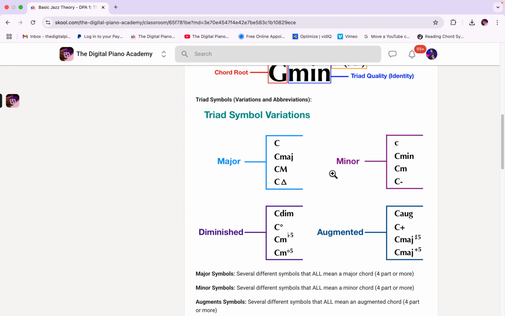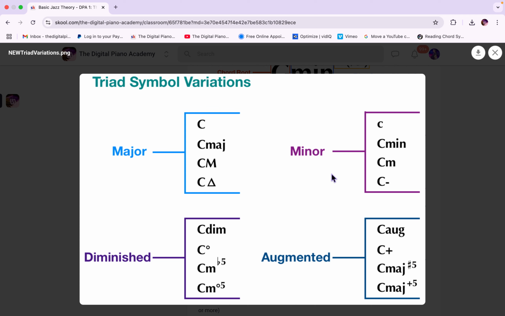There are also triad symbols and abbreviations with variations. If you can see, with every type, major, minor, diminished, and augmented, there are variations, and within the variations, there are abbreviations. So for major, the abbreviation for a major triad would just be C, or C major, or C uppercase M, or C triangle.